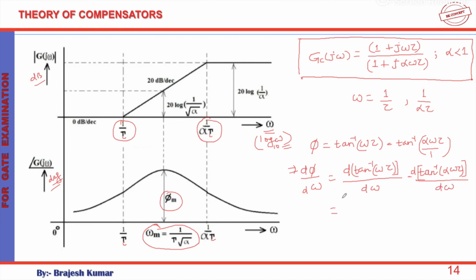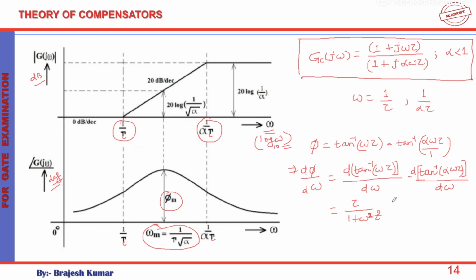Further simplifying, this will become tau upon 1 plus omega square tau square, this is square.